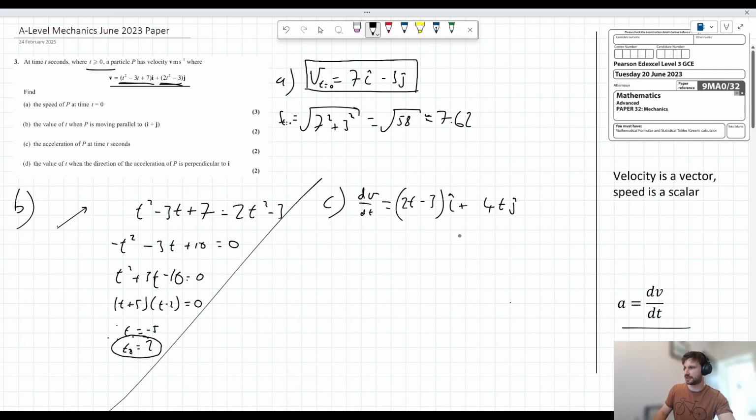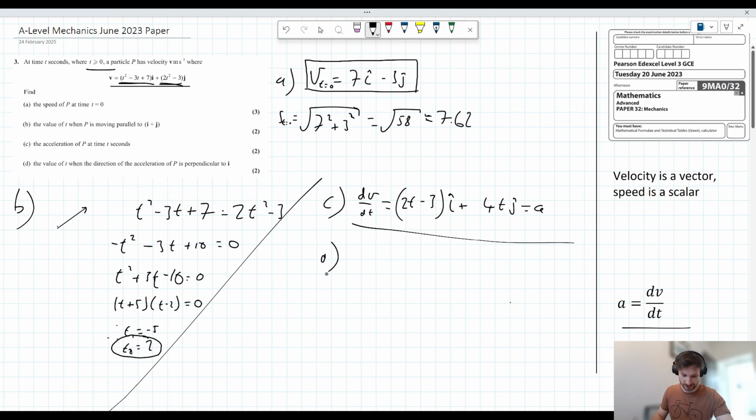This is a function of acceleration with respect to time. We're looking for the acceleration of p at time t seconds. Well, there we have it. This is our acceleration of the particle p at time t.